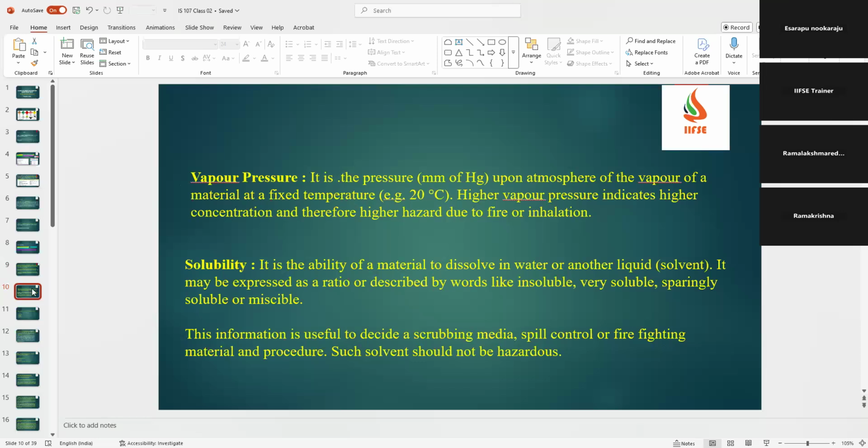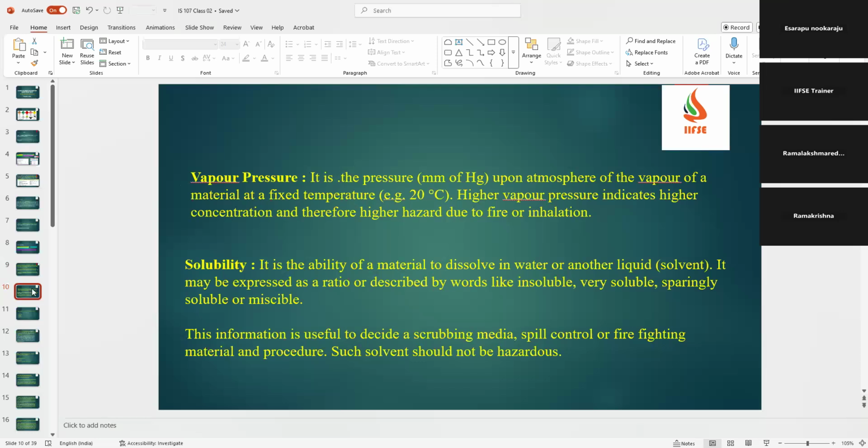Then solubility. Solubility is simple. It is nothing but whether a material is soluble in water or not. If you see sugar, generally we are in summer now, we drink a lot of lemon water or other juices, and we use so much sugar. Water has a certain level of solubility for sugar.